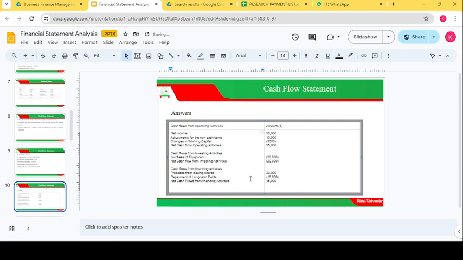Then we are getting to know our net cash flows, the total cash flows.